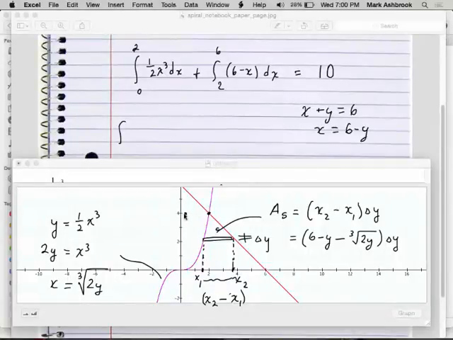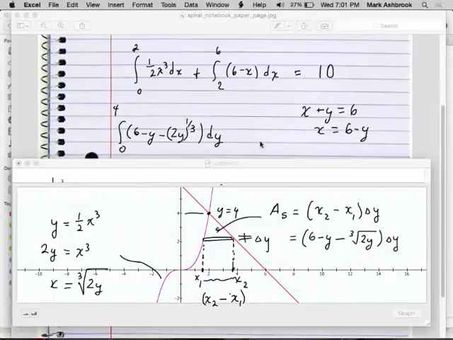We need that y coordinate, and we know that x is 2, so we can plug it into either equation, and that gives us a y of 4. So here y equals 4. We're going to go from 0 to 4 and add up all those typical strips: 6 minus y minus 2y to the 1/3 dy.